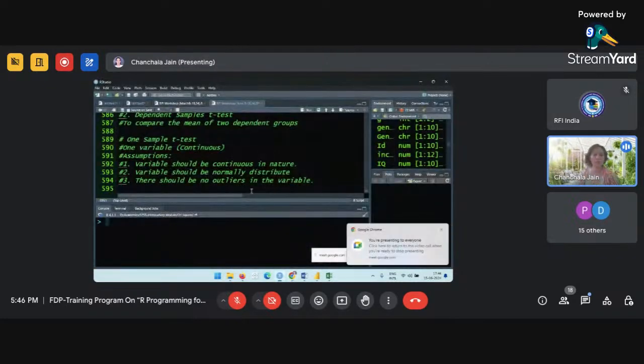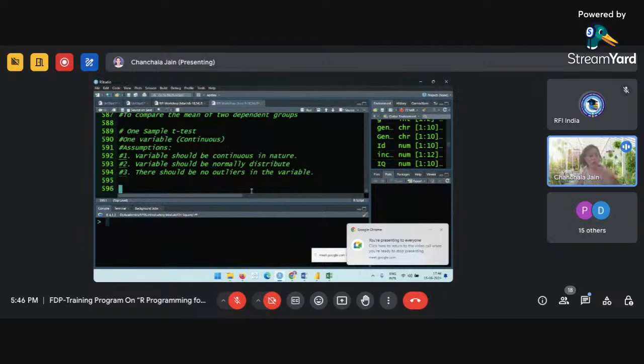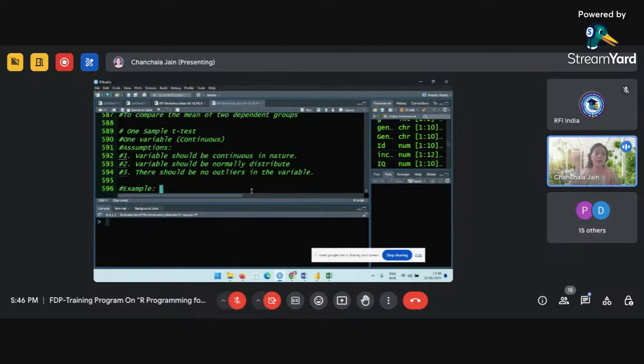Fine. Now you can see here, I'll talk about the first example or exercise. I think IQ is a variable we are all aware of, right? Suppose I want to see whether the IQ of people is 100 or not.